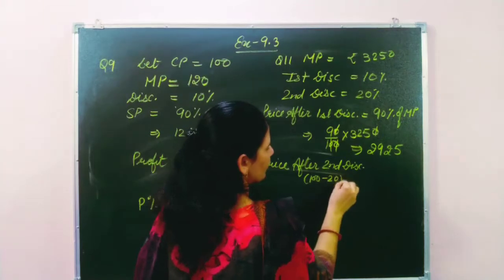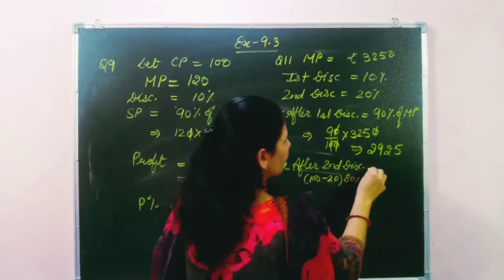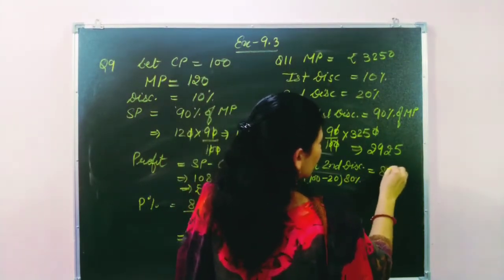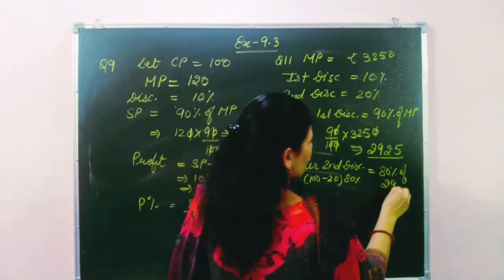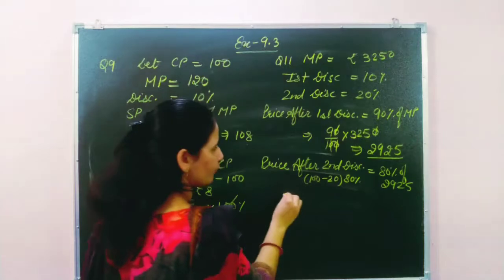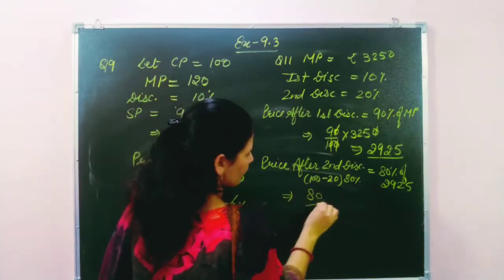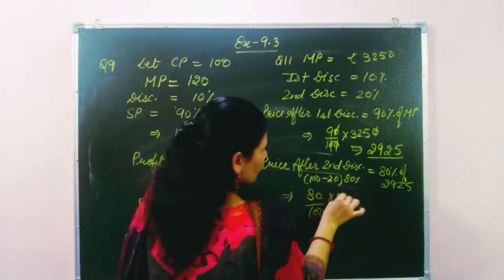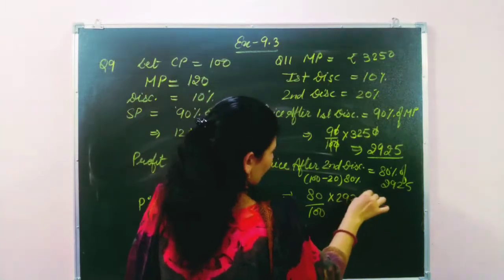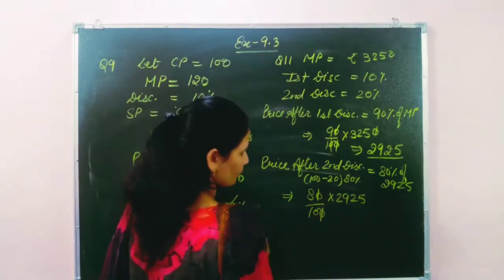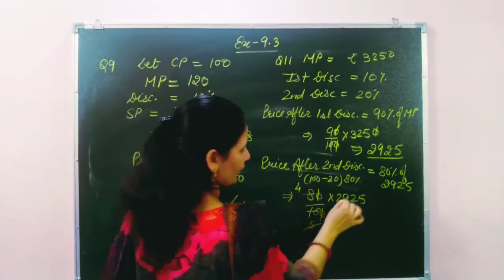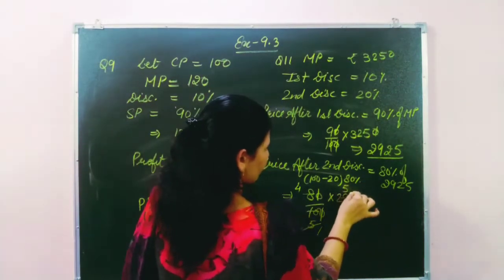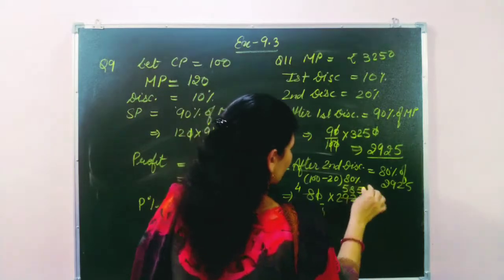So we write 80% of this MP, 2925. If we write 80% of 2925, cancel the zeros, and multiply 8 by 2925 divided by 10, step by step.